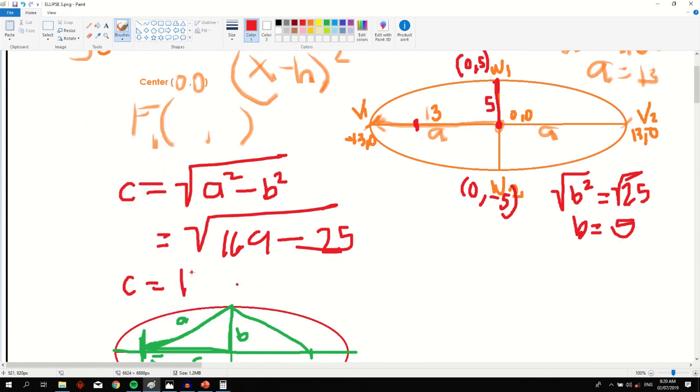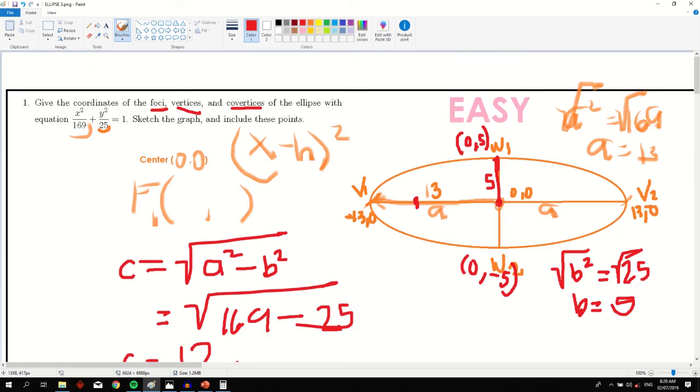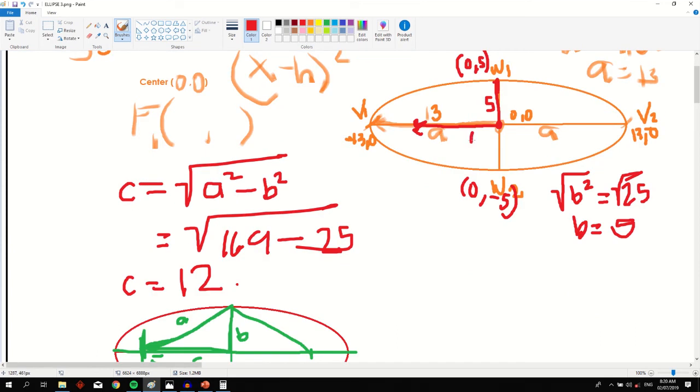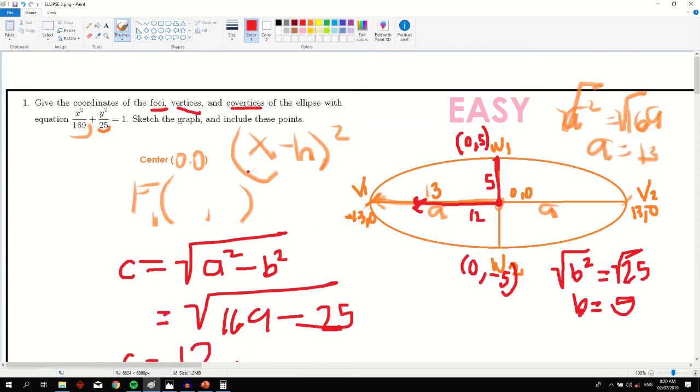It is 12. So from the center to this focus, it is 12. So this focus would be (-12, 0), and the other focus is (12, 0).